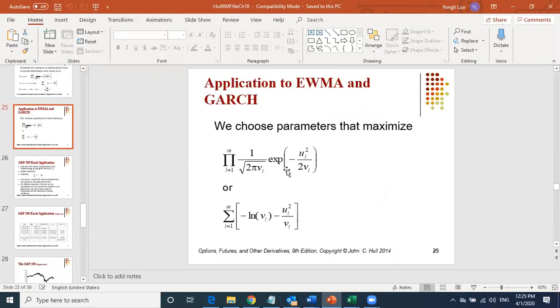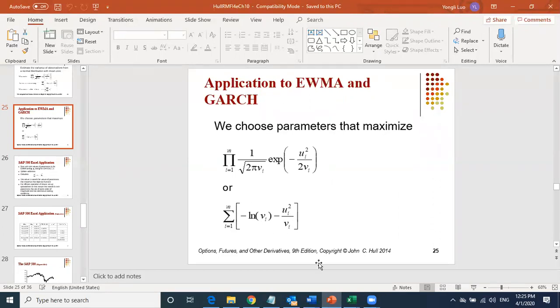We choose parameters that maximize the sum of the ln of the variance minus the return squared divided by the variance.